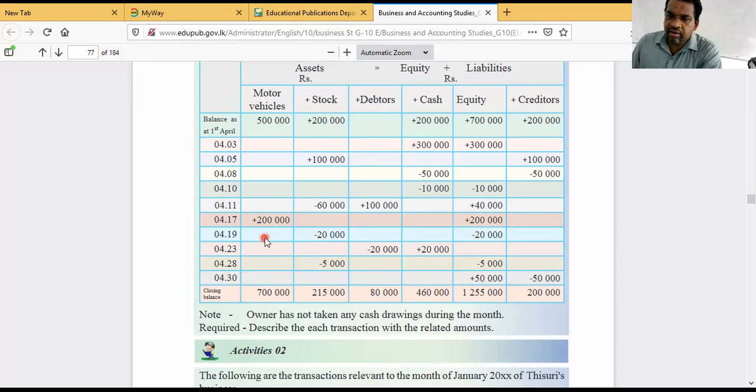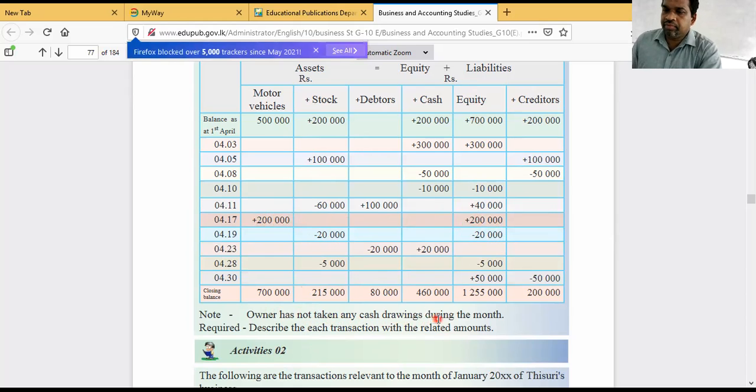Next transaction, 19th April, minus 20,000 on the stock, minus 20,000 on the equity. As they have mentioned, owner has not taken any cash drawings. But it doesn't mean that they haven't taken goods drawings.